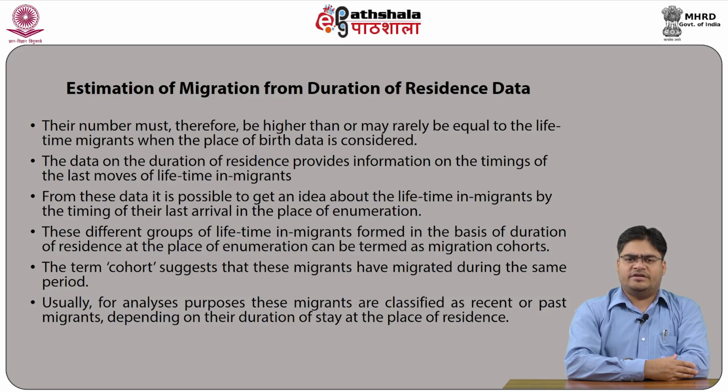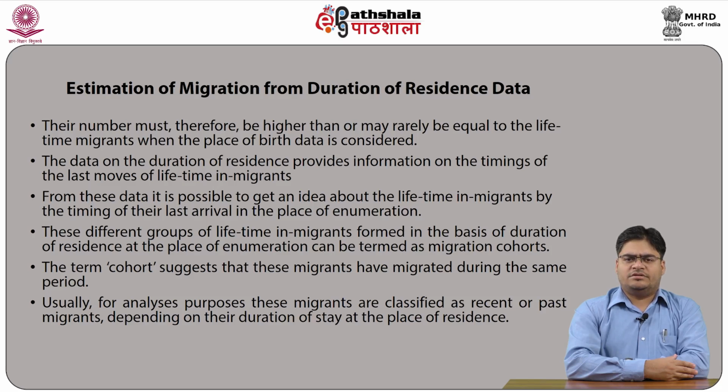The data on the duration of residence provide information on the timings of the last moves of lifetime migrants. From these data, it is possible to get an idea about the lifetime migrants by the timing of their last arrival in the place of enumeration. These different groups of lifetime in-migrants formed on the basis of duration of residence at the place of enumeration can be termed as migration cohorts.